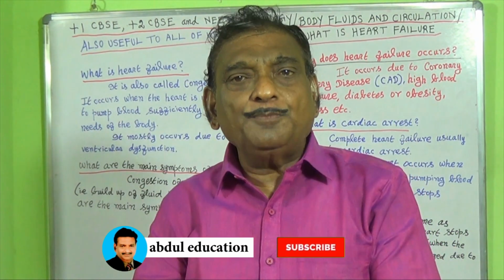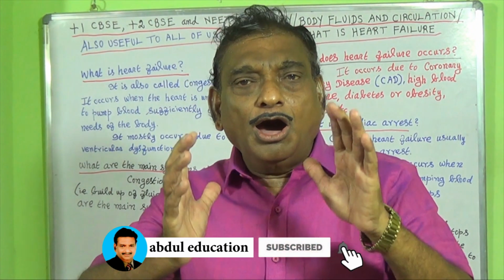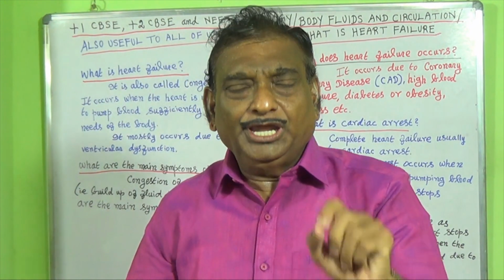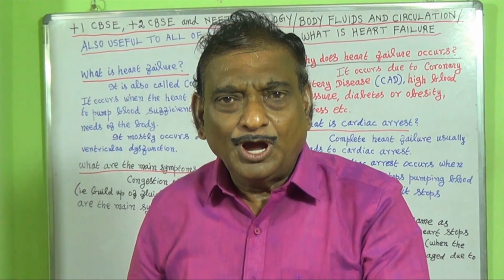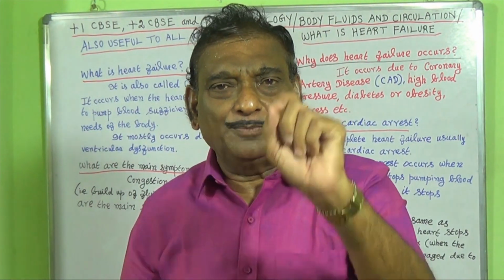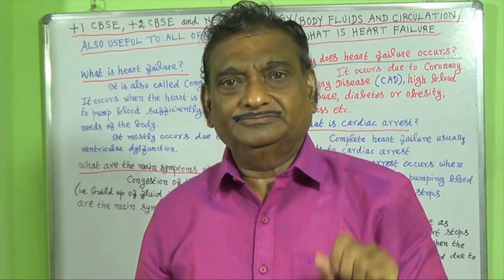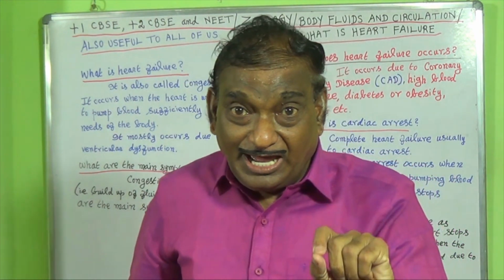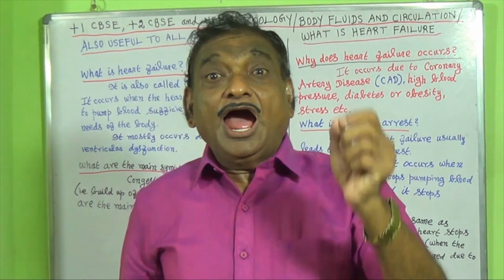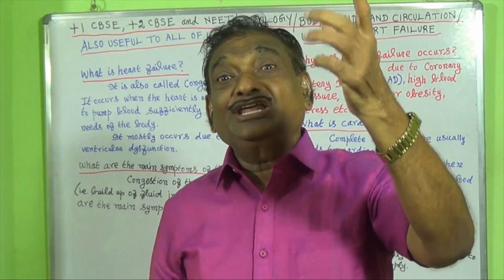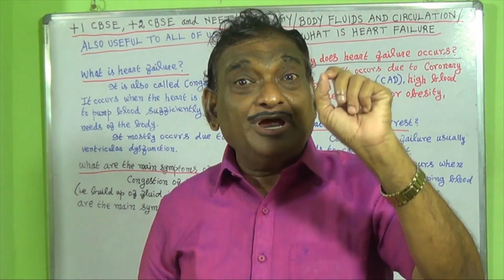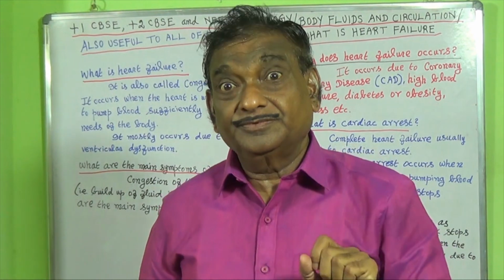In the case of heart attack, the heart muscles are damaged due to inadequate supply of blood, that is inadequate supply of oxygen. In the case of heart failure, the heart is unable to pump blood sufficiently for the requirements of the body.